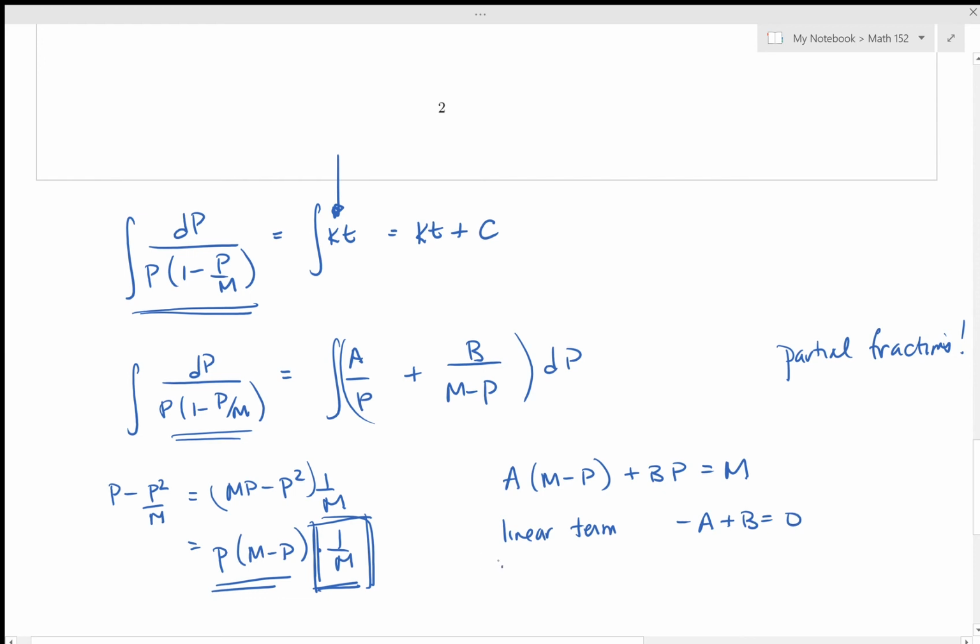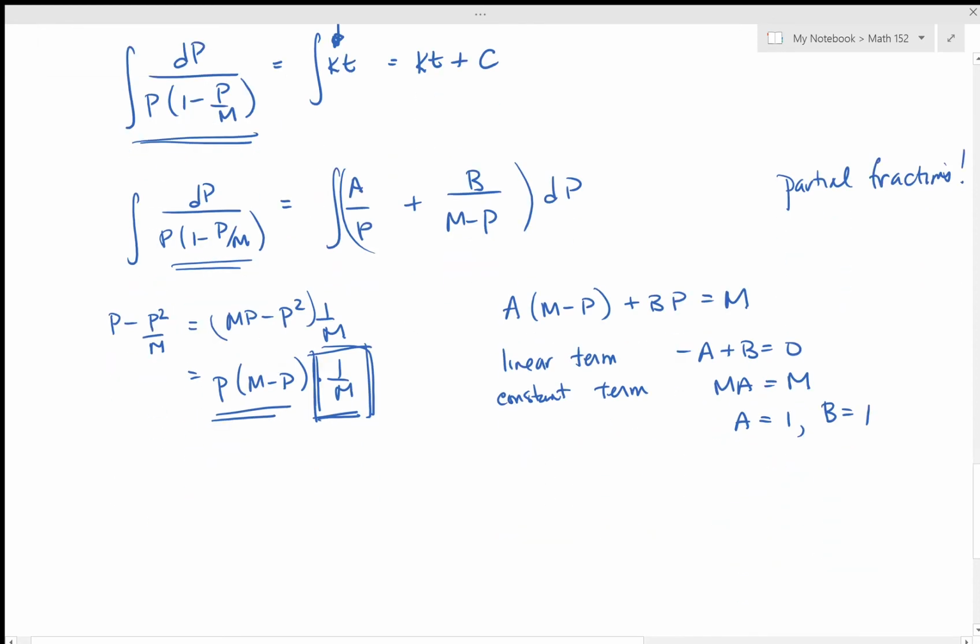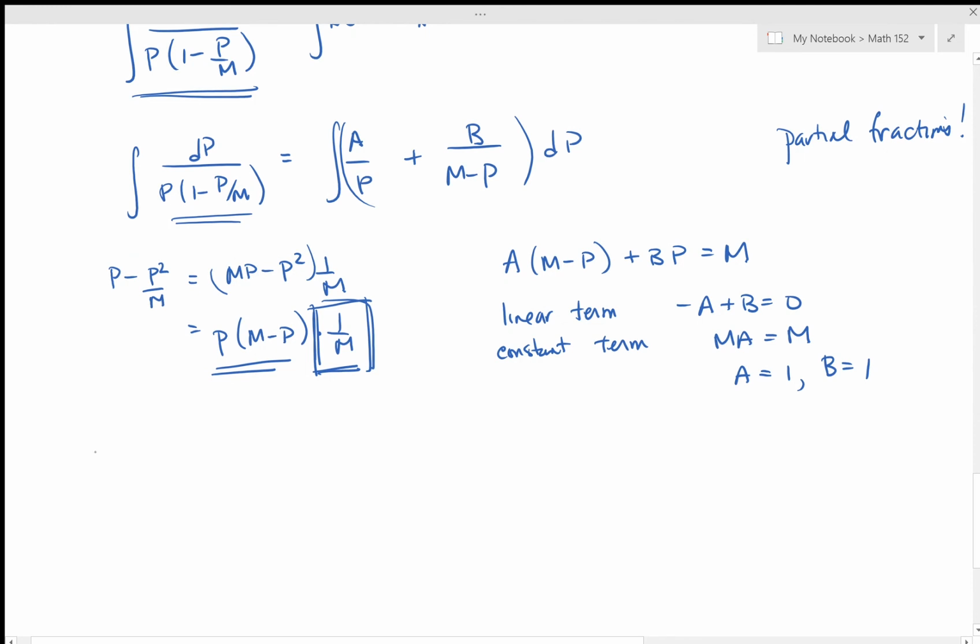Then I look at the constant term, and I find that m times a has to be equal to m, and that means that a is 1, and in fact also that b is equal to 1. Making excellent progress here. I've substituted in a is equal to 1 and b is equal to 1. I'm going to integrate this, and that is going to be the log of the absolute value of p plus the log of the absolute value of m minus p.